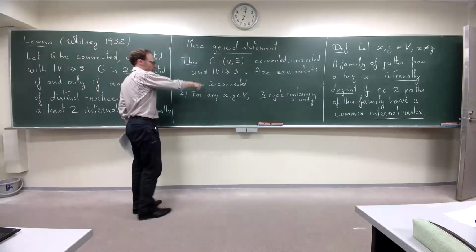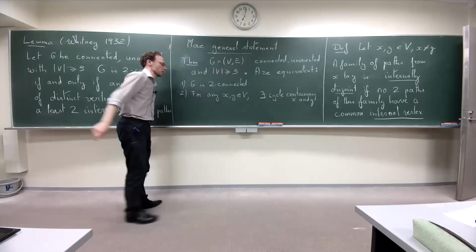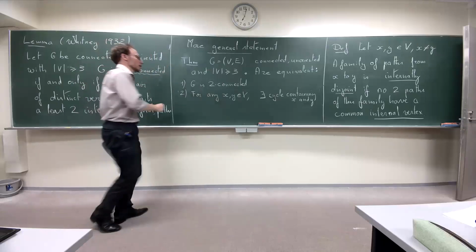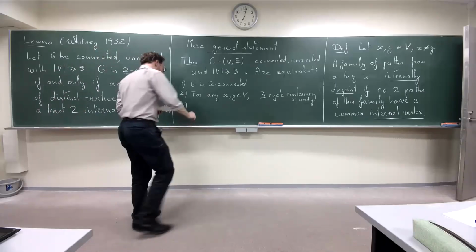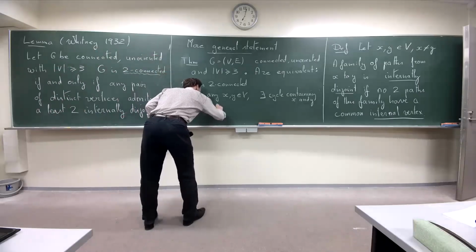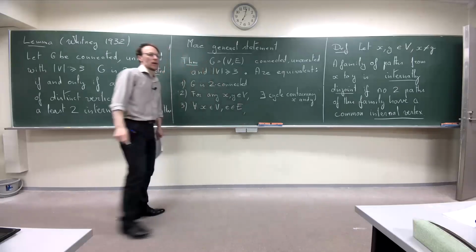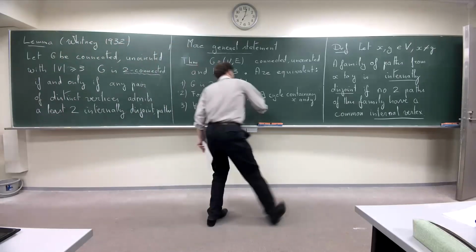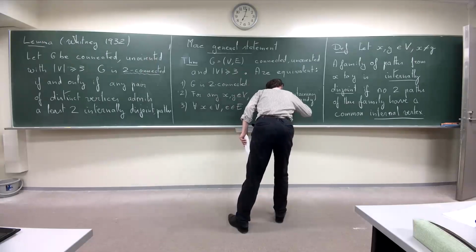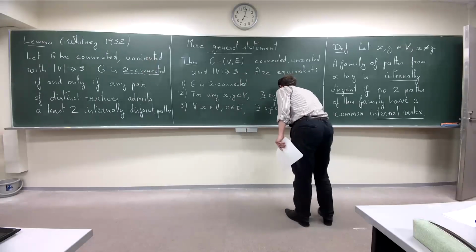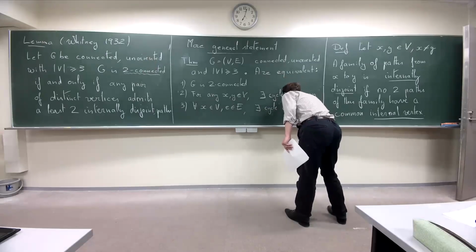So it is 2-connected. You can always find a cycle containing 2 arbitrary vertices. For any x in V and e in E, you can do the same. There exists a cycle containing both.